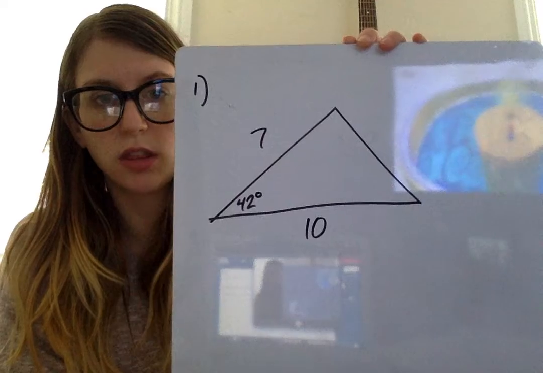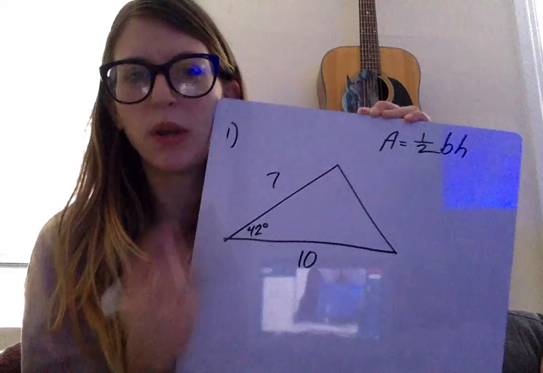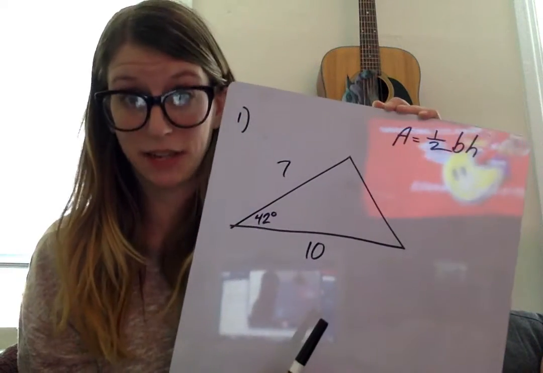So the area of a triangle is 1/2 the base times height. And I'm going to keep that up in the corner just so that we don't forget. But we don't know what the height is. We know the base is 10.